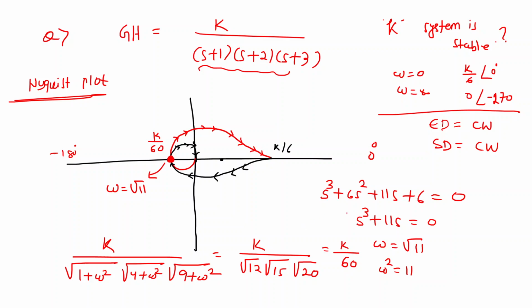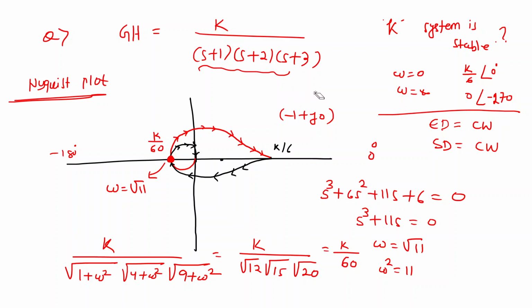So you know that the Nyquist criterion is saying that the number of encirclements is counted about the critical point. The critical point in the Nyquist criterion is the minus 1 plus j0 point. Just see how I am solving the question.